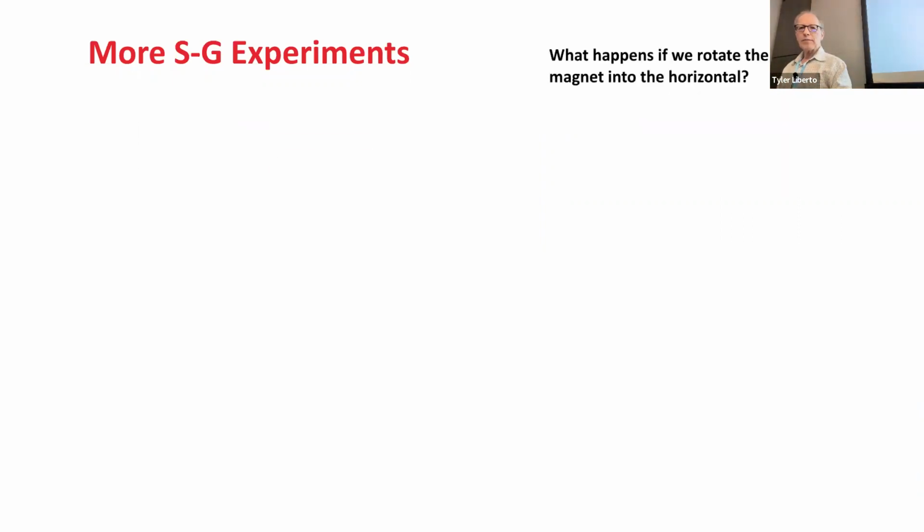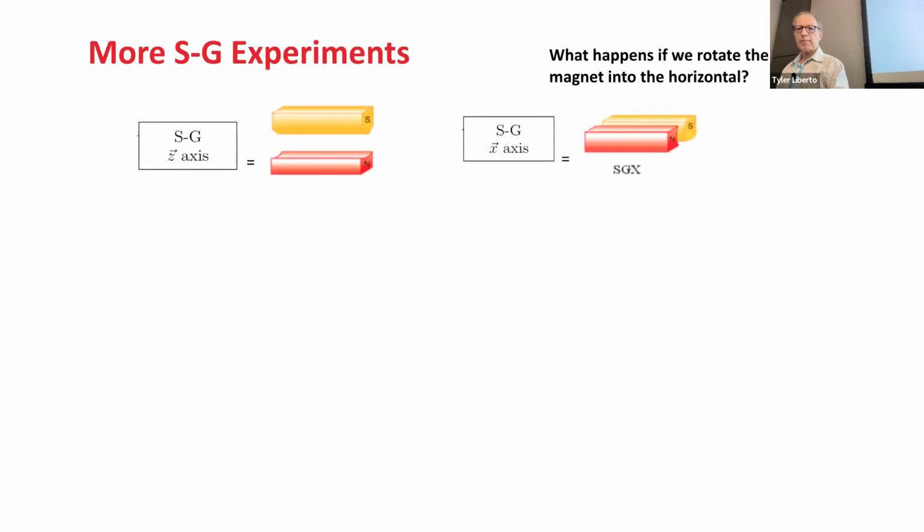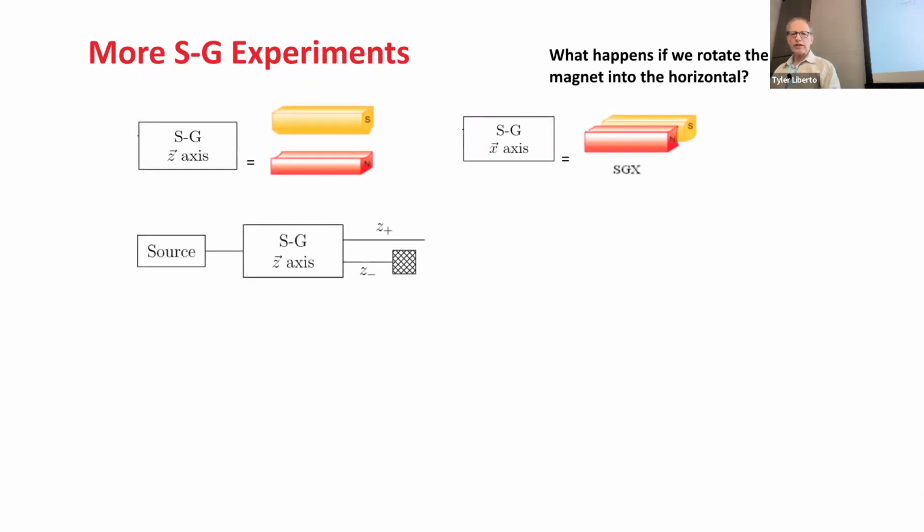Okay, so we want to see what happens when we go to the horizontal. So here we have our first magnetic field. These randomly oriented electrons in the source are sent into this magnetic field. They are separated in two distinct beams, upward and downward.